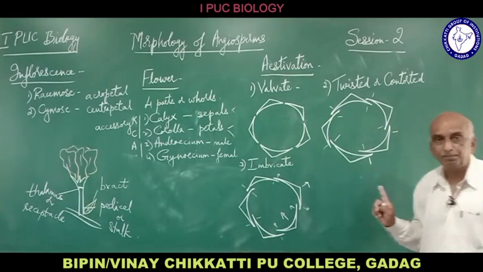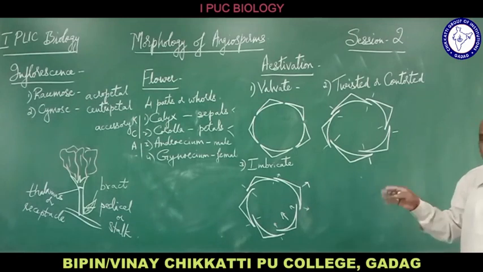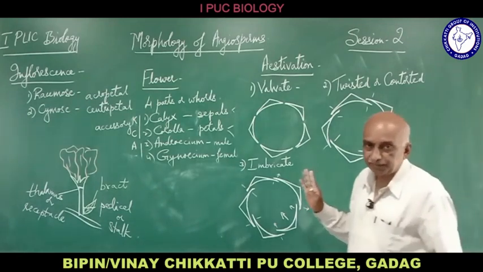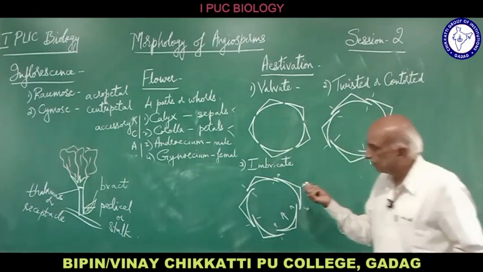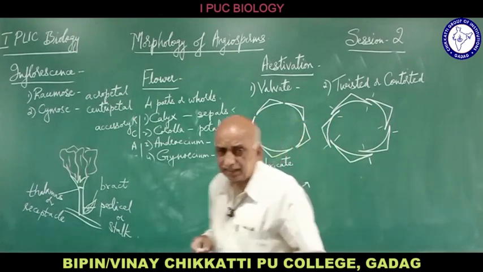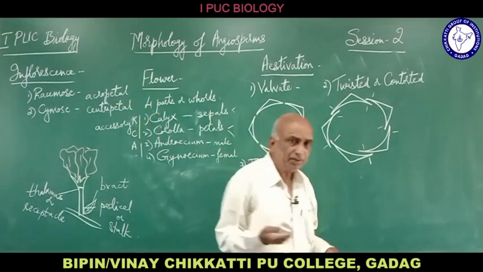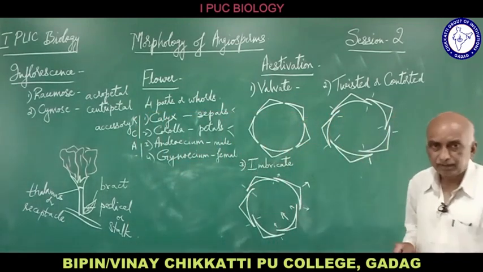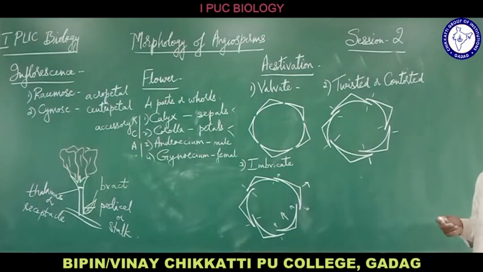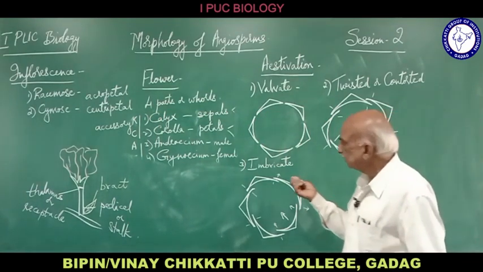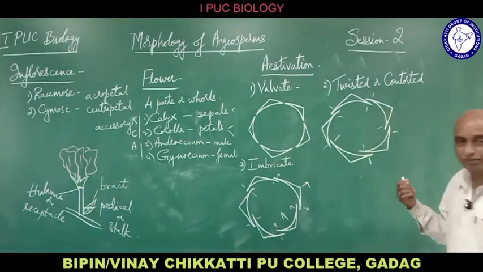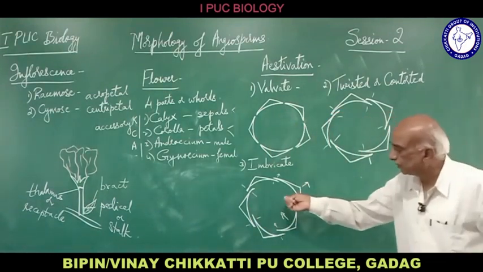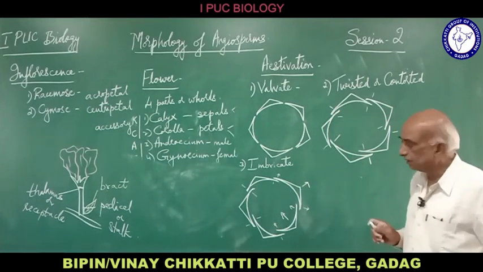The remaining parts, whether 3, 4 or whatever the number, are arranged in twisted estivation. This is seen in some monocots and in some dicots like leguminous plants, in the guava plant, and also in the coffee plant flower.